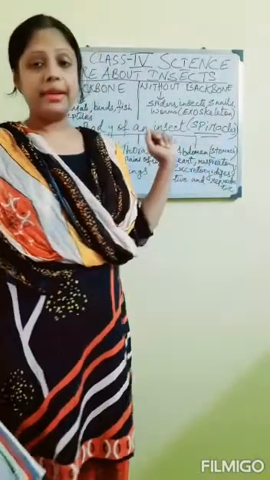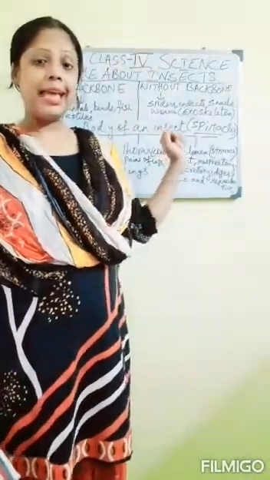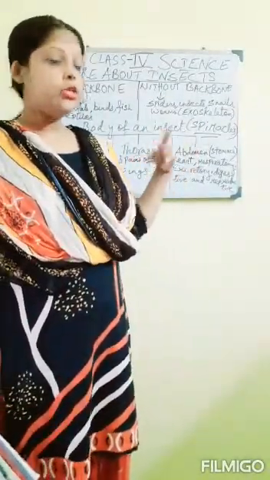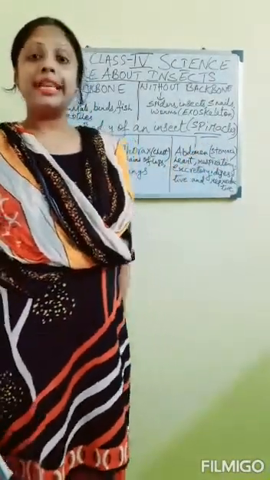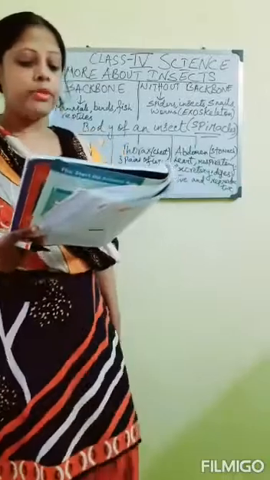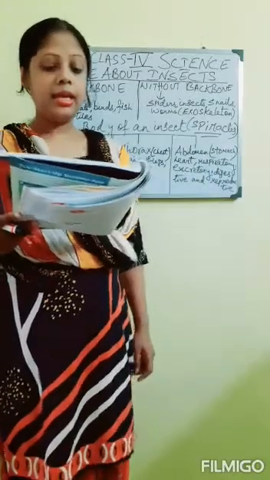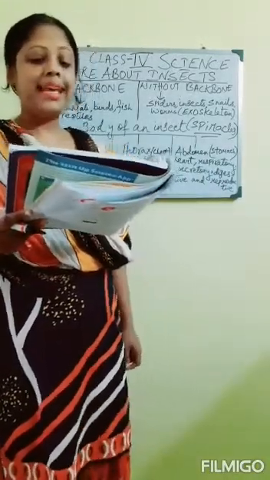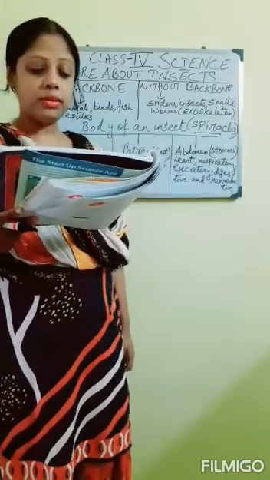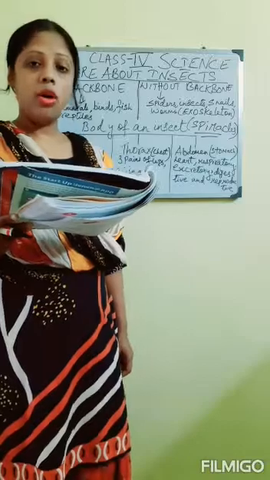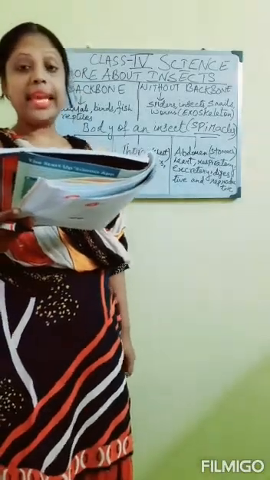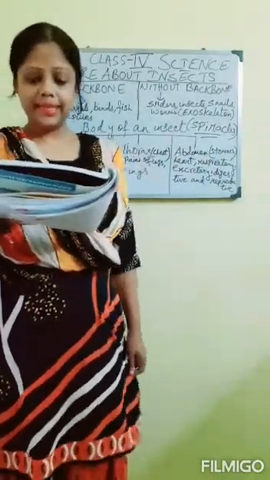Through these spiracles, insects can breathe. These spiracles are found in the exoskeleton. If you see page 39, Bingo's Knowledge Bank, insects do not have a nose. They breathe through small openings called spiracles in the exoskeleton.